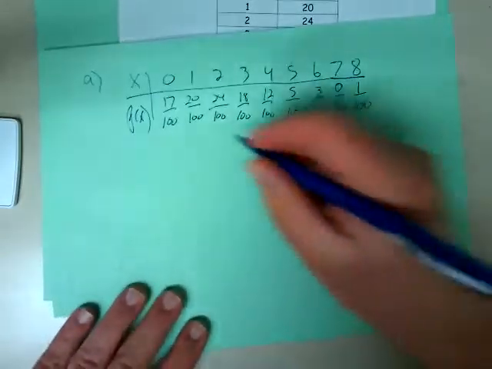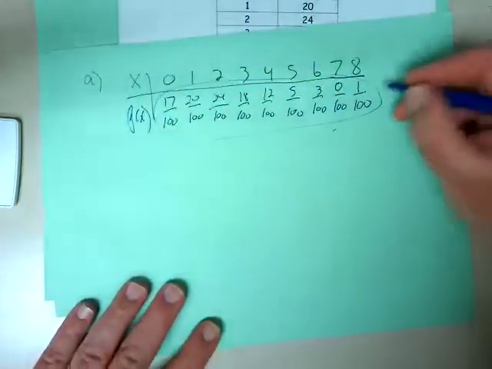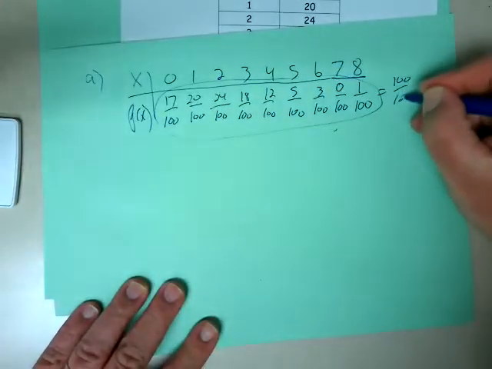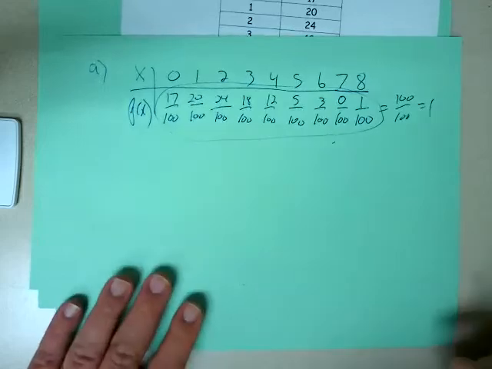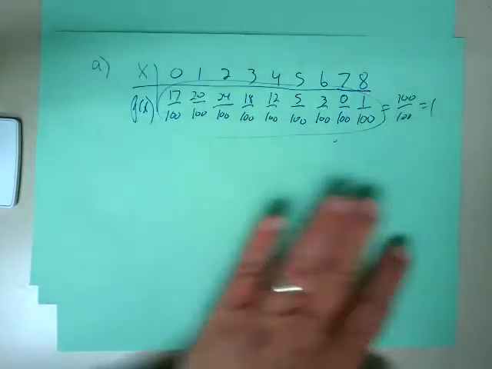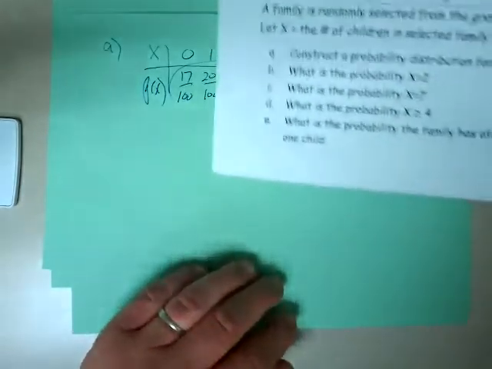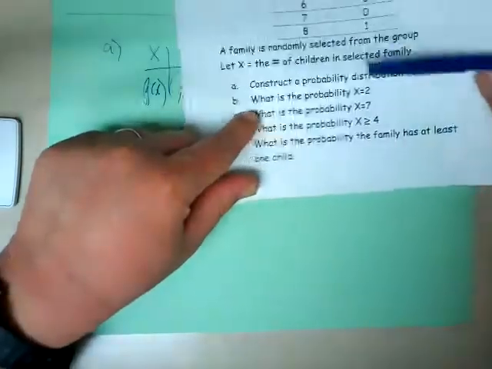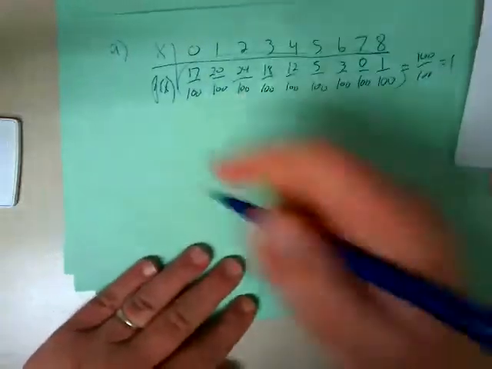And if you add these up, these will indeed equal 100 over 100, which is a probability of 1. Okay? And I'm not going to worry about making the histogram. Let's just go ahead and find these probabilities. So I'm going to go ahead and write these down.